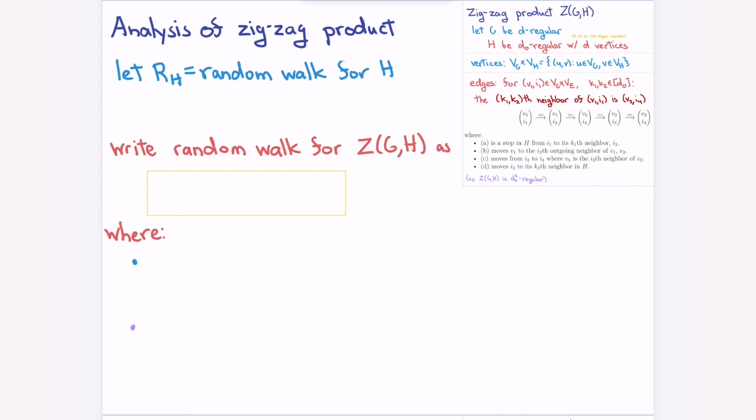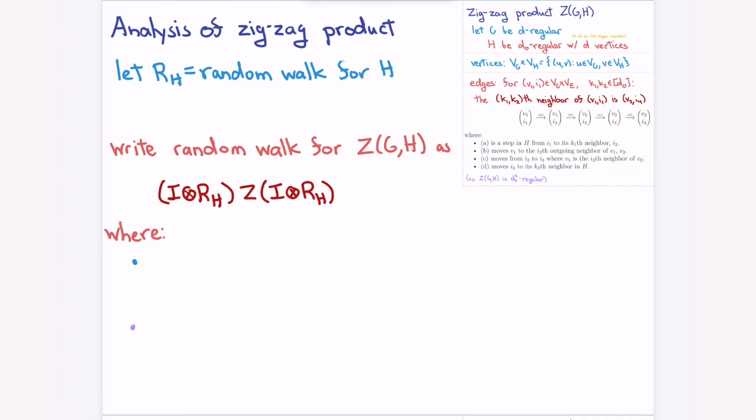All we really need to analyze is the spectral gap for the zigzag product. Everything else, like the spectral gap of the product graph, the degrees, the vertices, was a non-issue. All we've got to do is figure out the spectral gap of the zigzag product, and then we're done. So there's only one thing left. But of course we haven't done any math yet, so we have to make up for it.